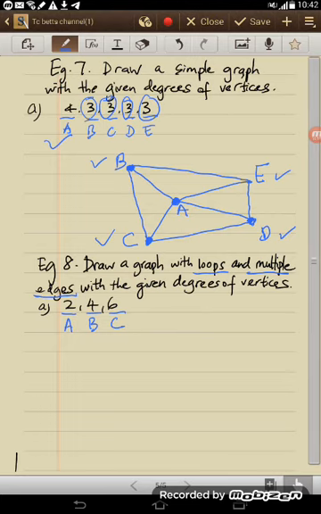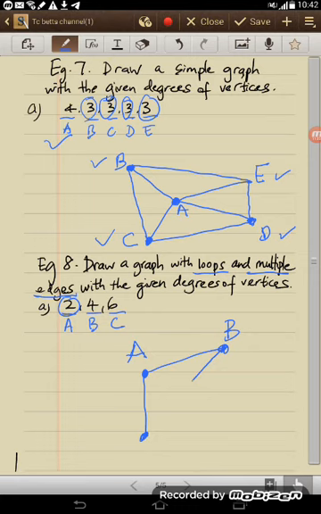Okay, so for A, you start with A will have 2 degrees, so maybe A will be like this, yeah. Okay, already 2. So for B, you have 4. How to make it 4?